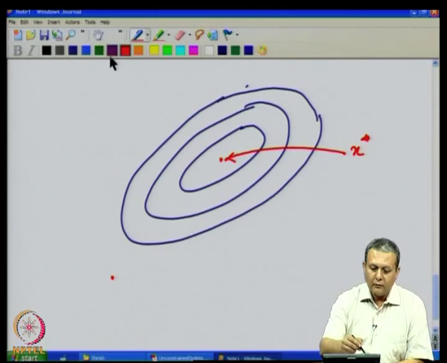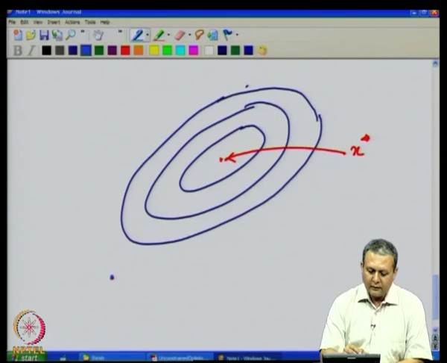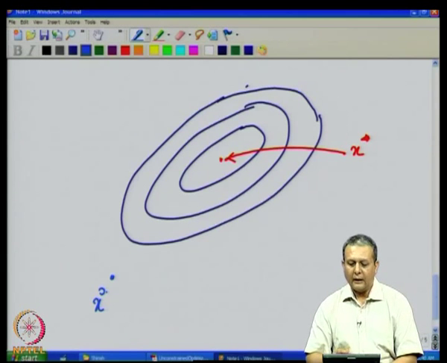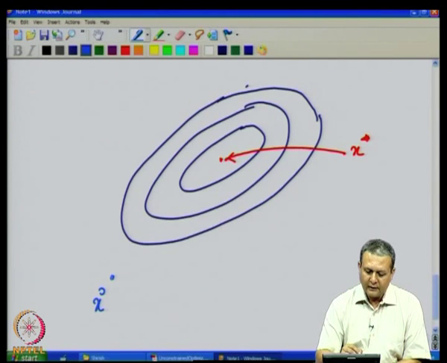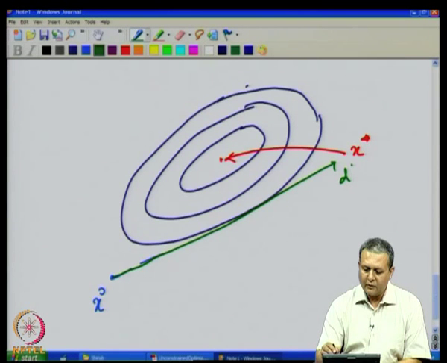So, suppose that this is x0 and this direction is d0.